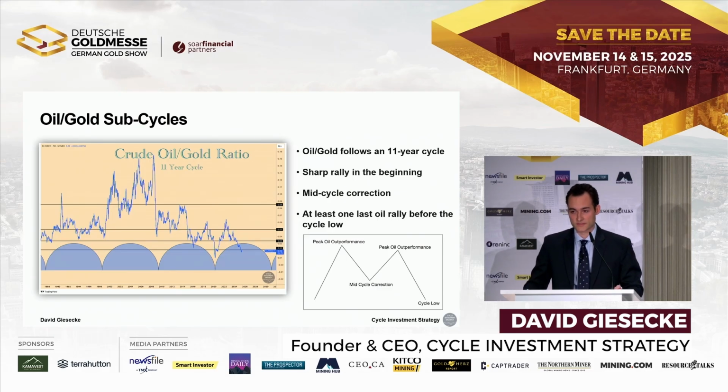So what have we seen now? We are at a phase where we've seen the first oil and general commodity outperformance out of the COVID crash lows. And we are now at an interesting point.